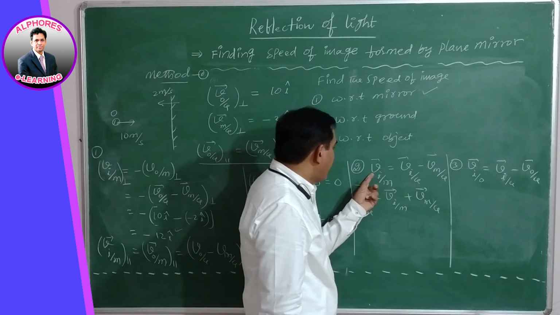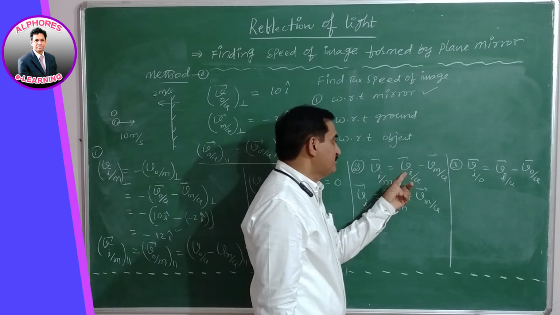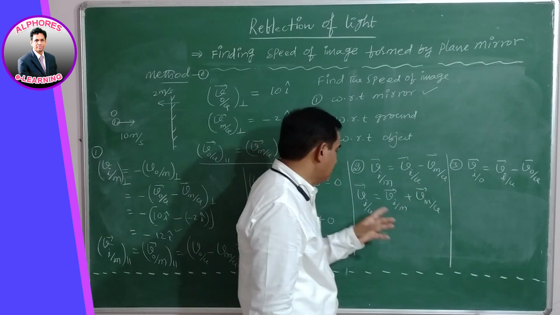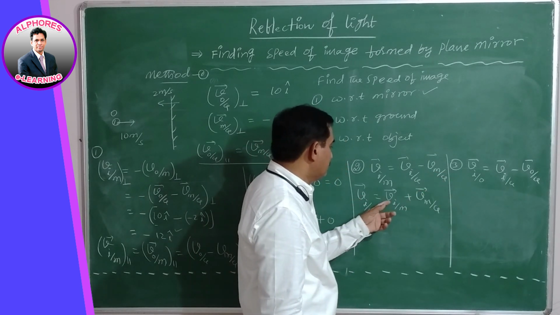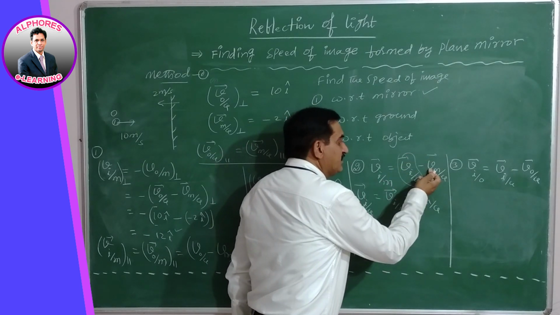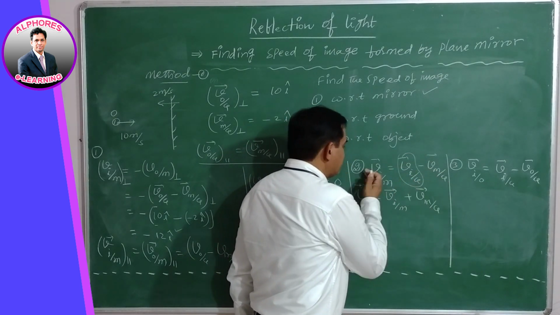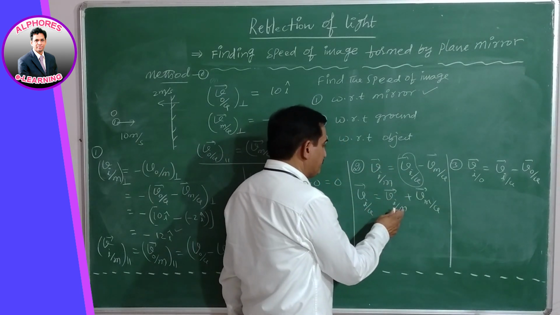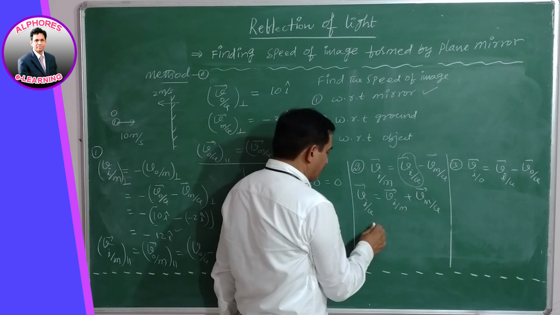written here: image with respect to mirror equals speed of image with ground minus mirror with ground. We calculate this, and the negative value is taken to this side and it becomes positive. Therefore, speed of image with respect to mirror plus speed of mirror with ground.